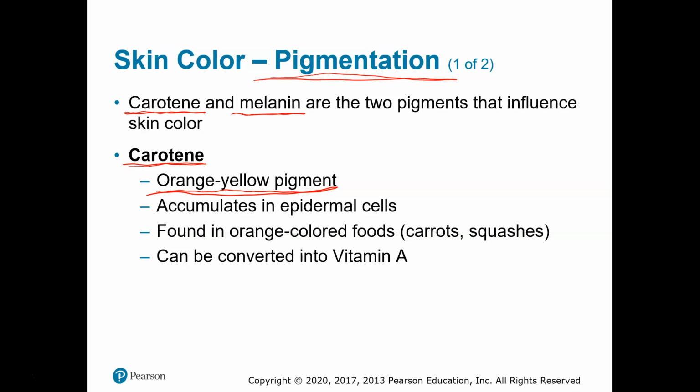But this pigment accumulates in epidermal cells, not in the dermis, and can be converted into vitamin A, which is good for your eyes. So that's why they say carrots are good for your eyes. But anyway, keratin will influence the orangey yellow pigment that you have mixed in with the type of melanin that you have.